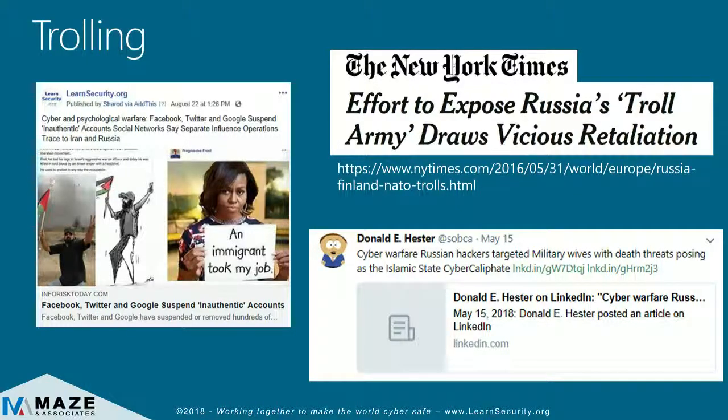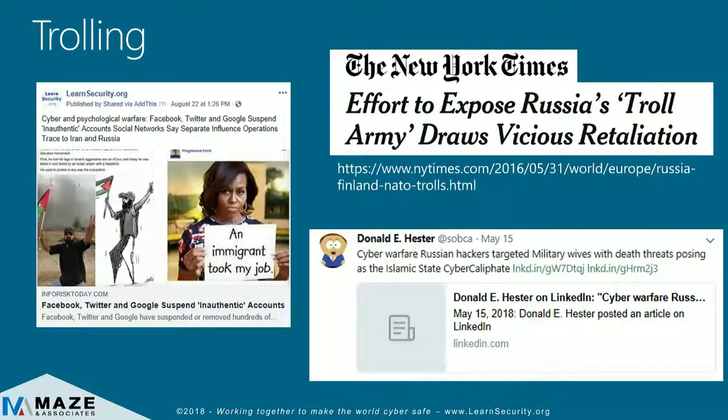They pretended to be the ISIS cyber caliphate, and then they were sending military wives death threats, pretending to be Muslim extremists. And the thing is, Muslim extremists get blamed for everything, and they're not even the ones doing it.